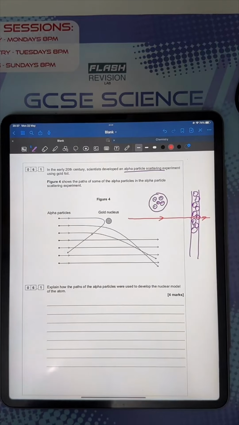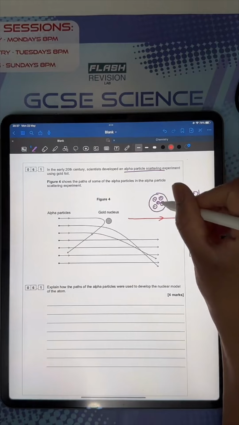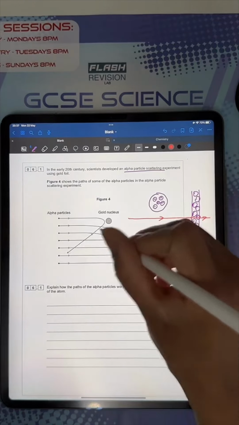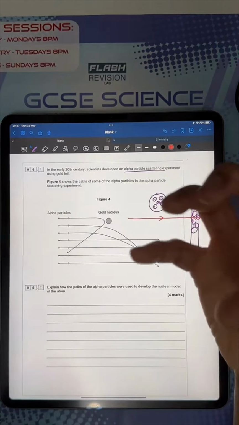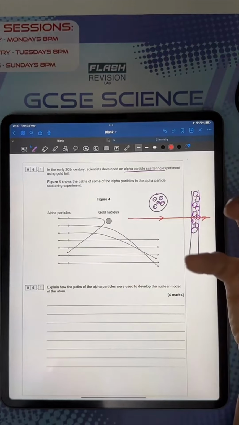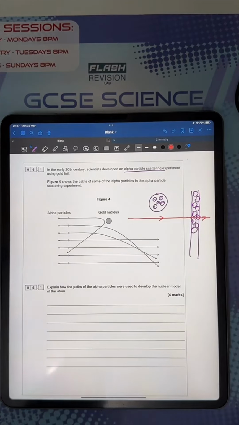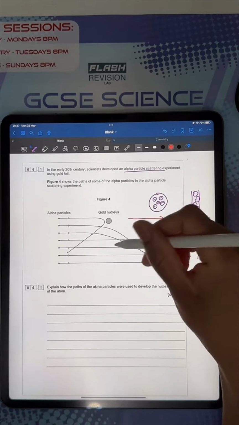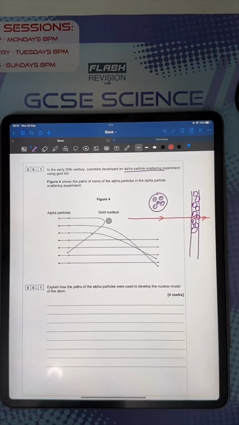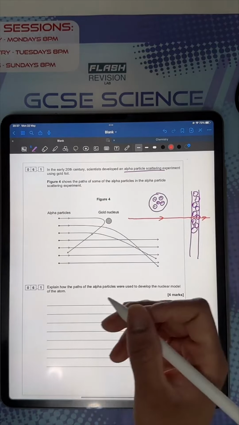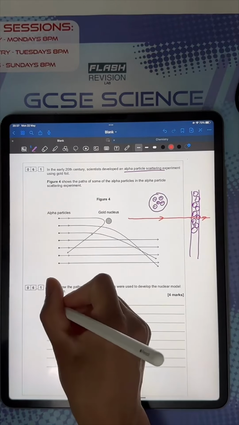So he disproved the plum pudding model because of that. If the plum pudding model was correct, the alpha particles should bounce off, because it's like a solid sphere. But the fact they went through told him one piece of evidence: that most of the atom is made up of empty space. Okay, so that's one piece of evidence that he had.